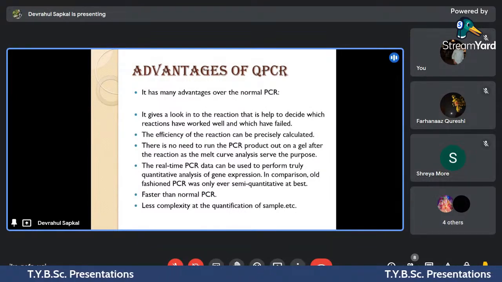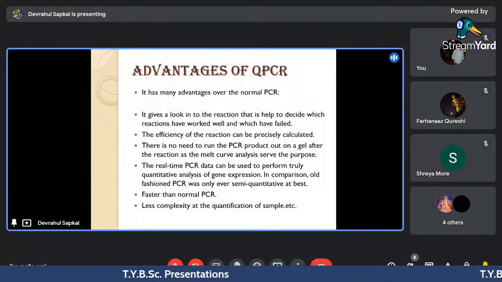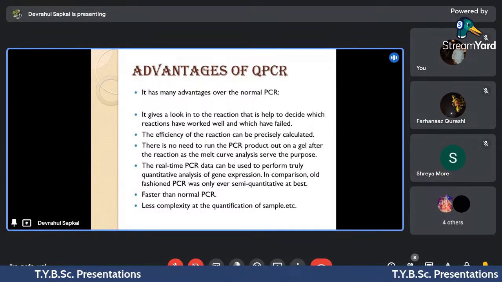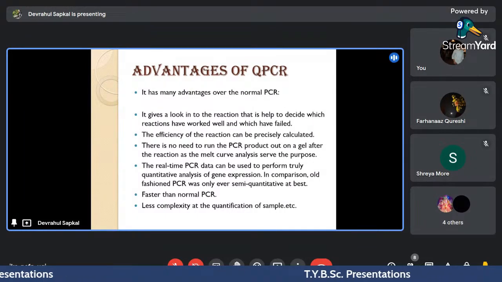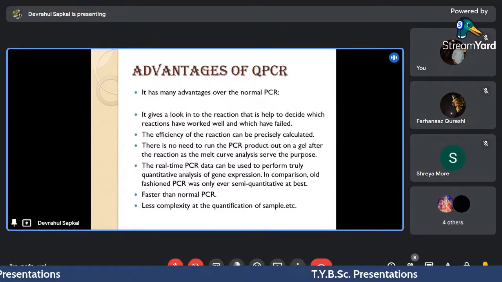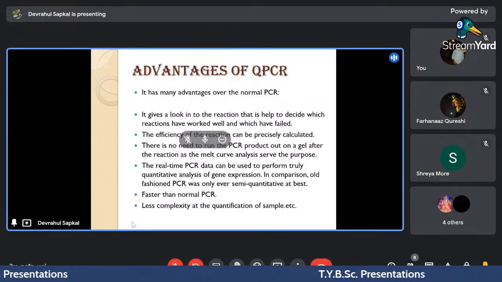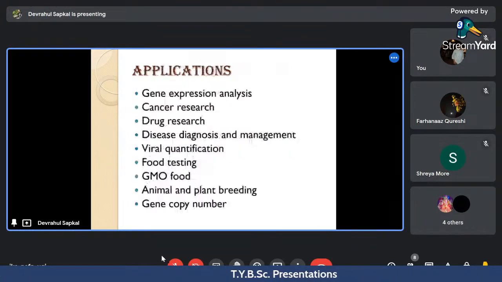There is no need to run the PCR product out on a gel after the reaction, as melt curve analysis serves the purpose. The real-time PCR data can be used to perform truly quantitative analysis of gene expression. In comparison, old-fashioned PCR was only ever semi-quantitative at best. It's faster than normal PCR, with less complexity in the quantification of the sample.